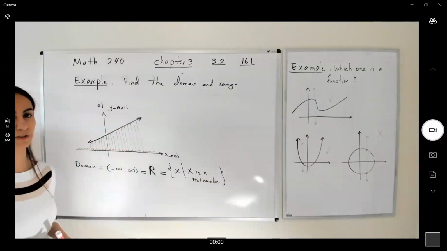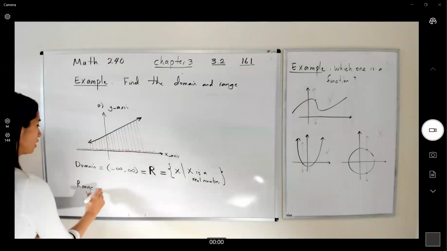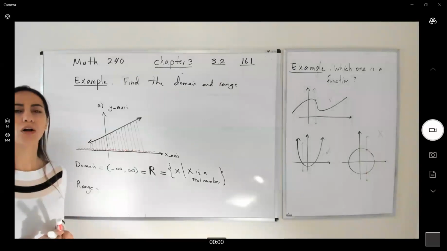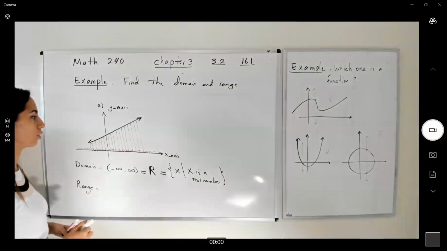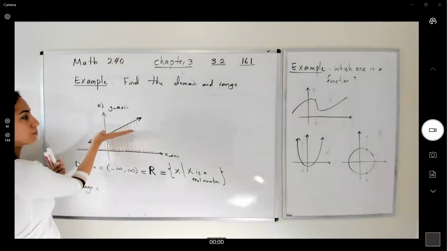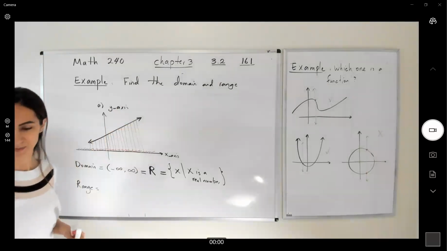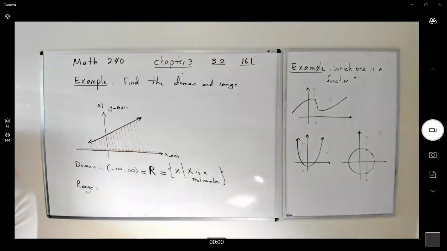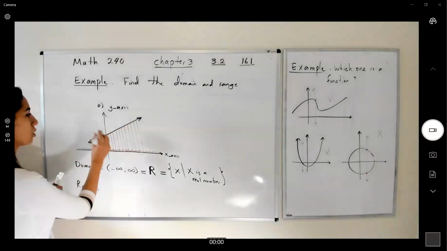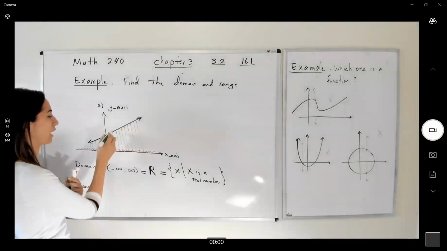How about the range of the function? Remember, we define the range to be all y values. So instead of working on x values, the x-axis, we're going to project this line on the y-axis.